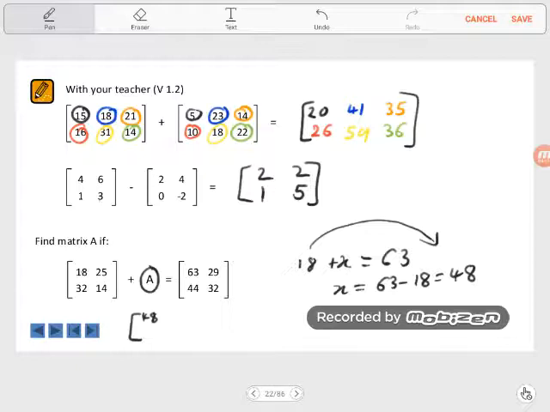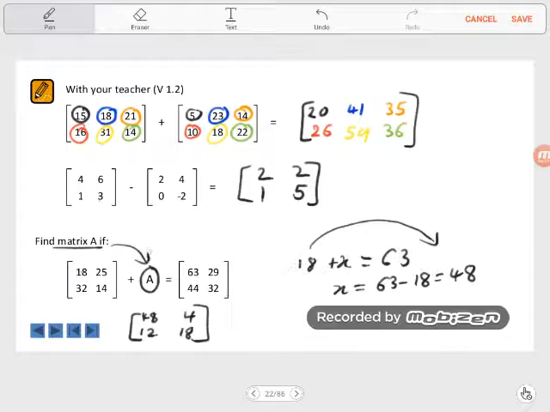Okay, 25 plus something gives 29. It's got to be 4. 32 and 12 make 44. Now this last one's interesting. 14 and something makes 32. Oh, actually it's not all that interesting. Let's see, it would be 18. So that is matrix A. One thing I forgot to mention, A is a matrix.